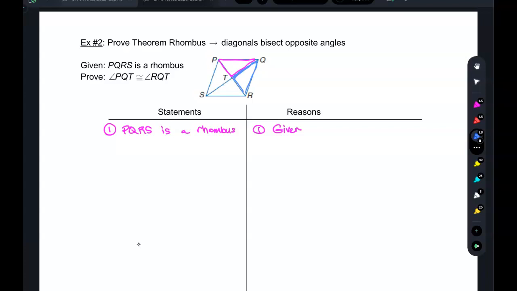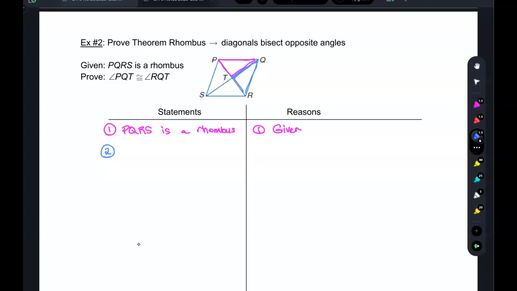Well, can't you say that all sides are congruent? Okay, we'll get to that. But let's start off with all sides are congruent.